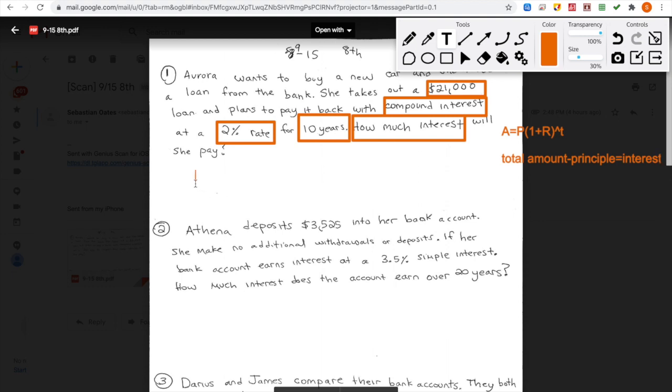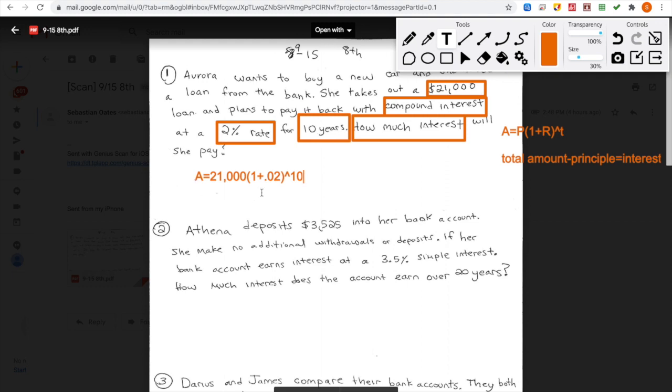Now we're going to go ahead and replace this. So our total amount will equal 21,000 times 1 plus 0.02 with an exponent of 10.